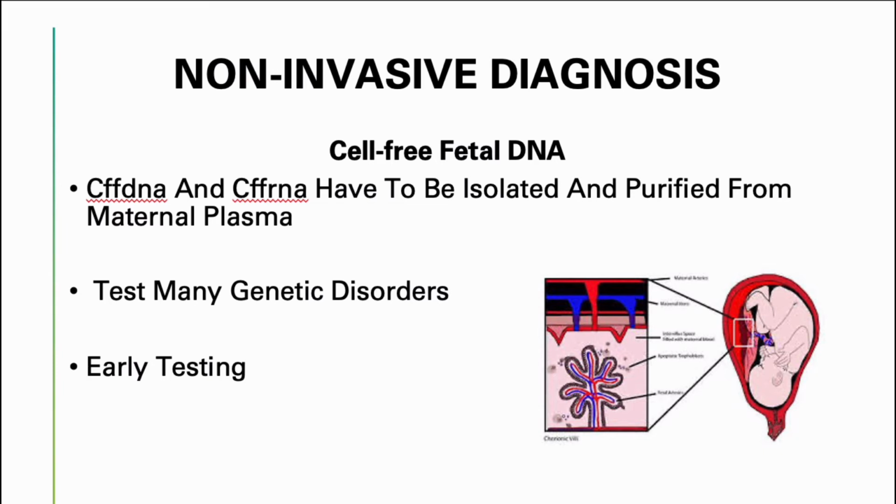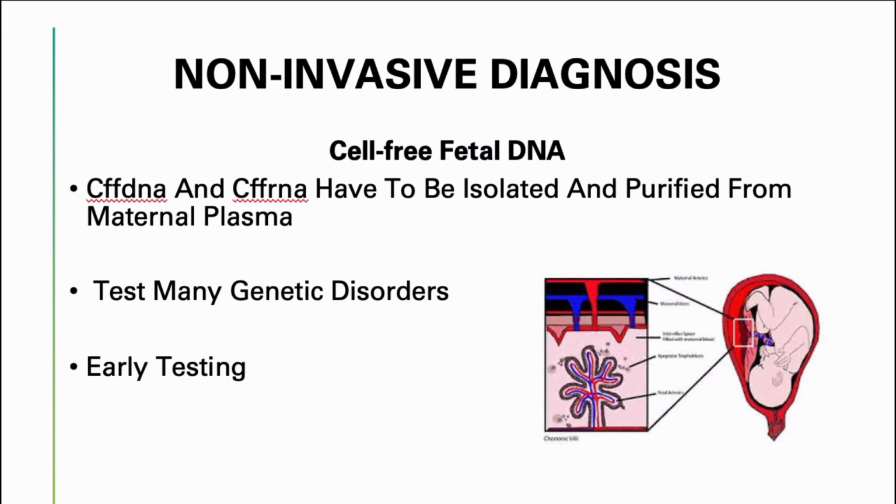As the pregnancy progresses, you're able to get a higher amount. In other words, the amount of cell-free fetal DNA increases as the pregnancy progresses. You can use this test to determine the chance of a woman having a fetus with, for example, trisomy 21, Down syndrome, or trisomy 18 or trisomy 13, or even sex-linked disorders.